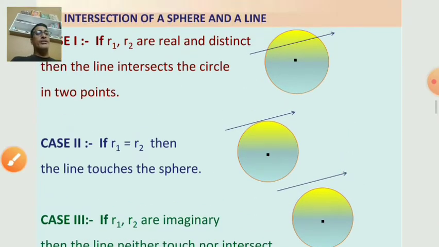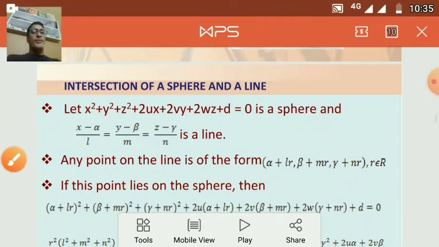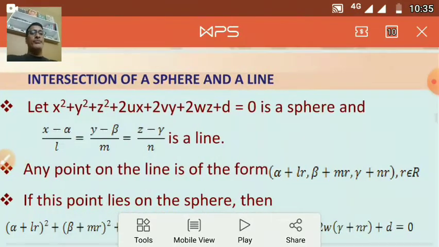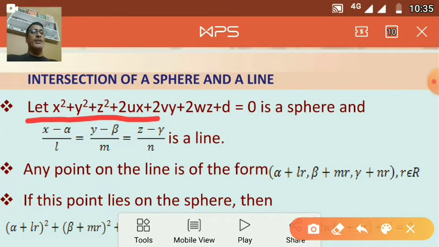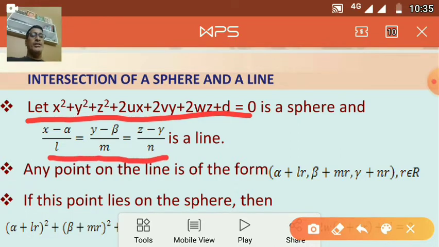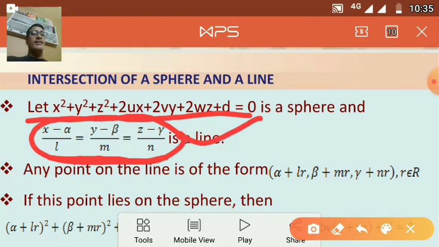Before going to that, suppose you are given this equation of the sphere and this equation of the line. From this equation we can say that any point on this line is of the form like this.